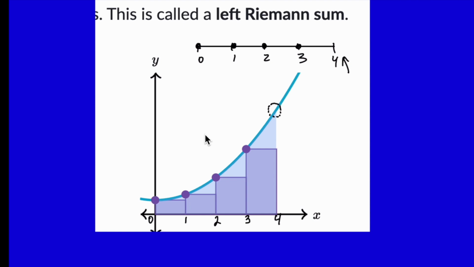So the way you draw these, folks, for a left Riemann sum, you go to the left upper corner. The points on the graph are going to be the left upper corner of each of the rectangles. So you could see here, this is the left upper corner of rectangle number 1, number 2, number 3, and number 4. You're going to go to the f of position on the graph.